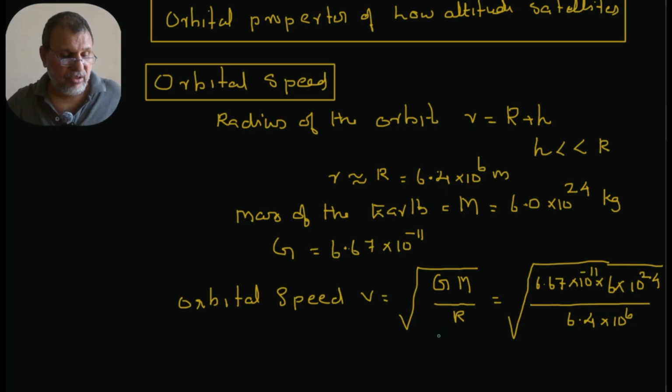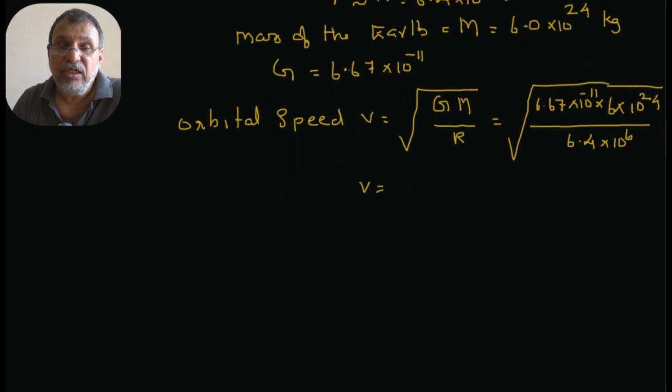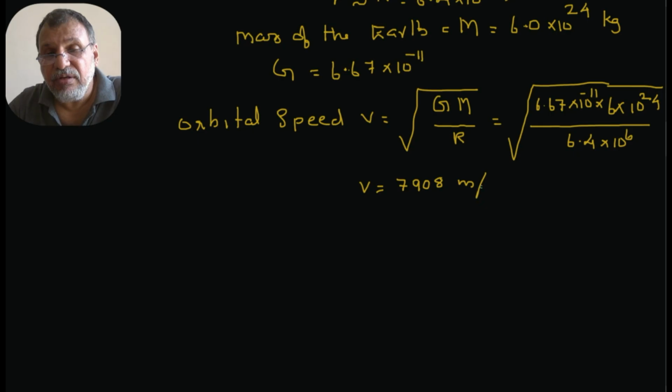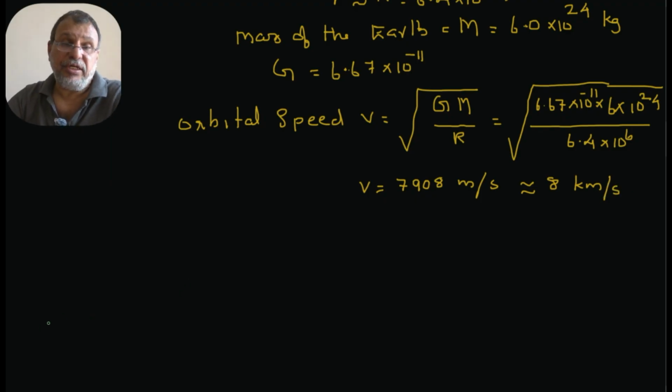When you work this out, v is approximately 7908 meters per second, or approximately 8 kilometers per second. This is the tangential speed of the near Earth orbit satellites.